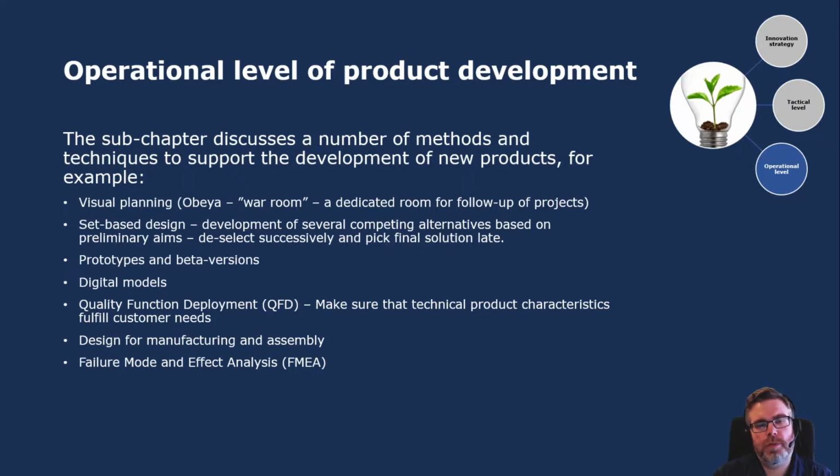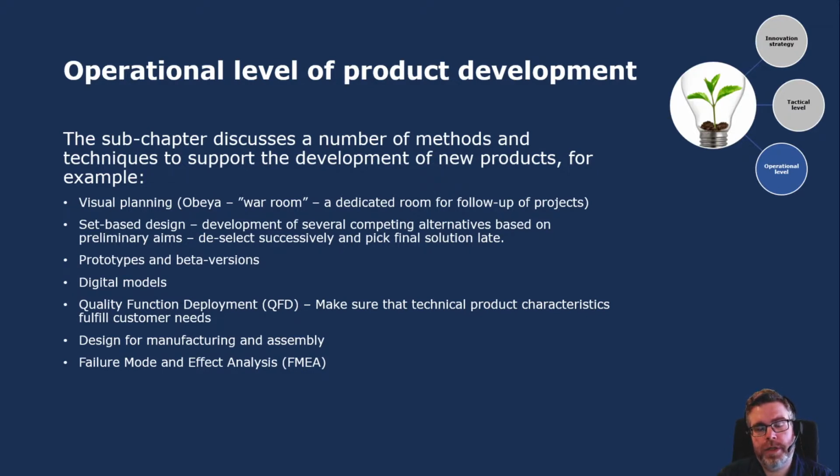There's a discussion about prototypes and beta testing, beta versions, digital models, and also some generic product development tools like quality function deployment, QFD, which tries to make sure that technical product characteristics fulfill customer needs.